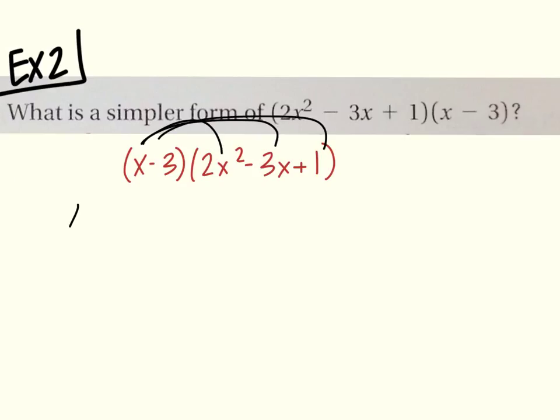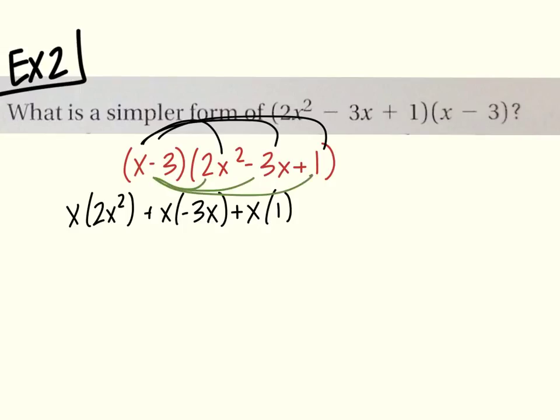So that's going to be x times 2x squared plus x times negative 3x plus x times 1. And then we're going to distribute the negative 3. This will be negative 3 times 2x squared, minus 3 times negative 3x, minus 3 times 1.